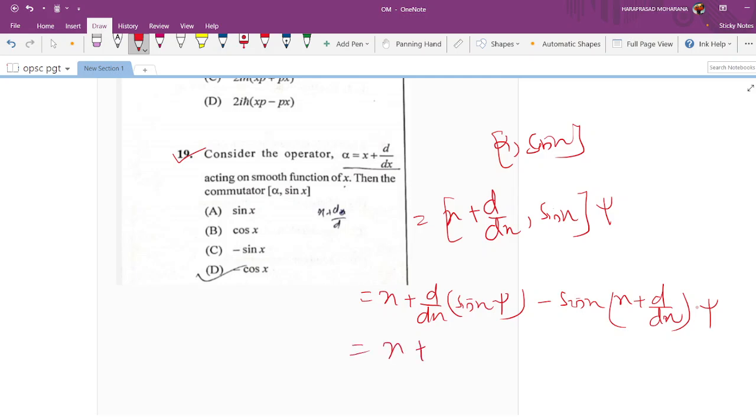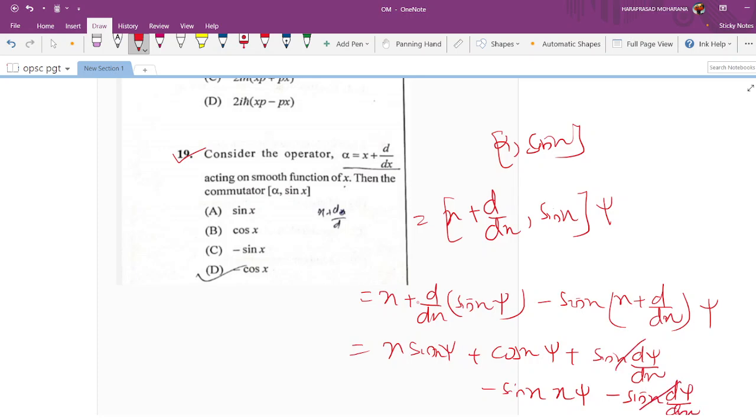So if we write it directly, we will get x sin x psi plus, if you do the derivative, cos x psi plus sin x d psi upon dx, minus sin x x psi, minus sin x d psi upon dx. You can see this term is getting cancelled, this term is also getting cancelled, so we'll get cos x psi. So by comparing, the final answer is plus cos x.